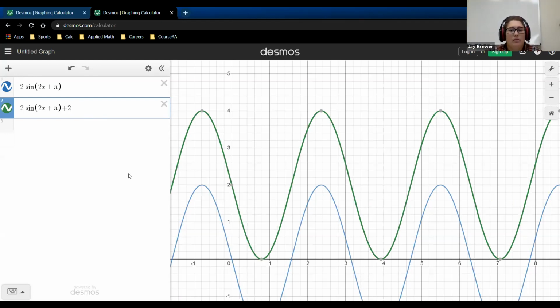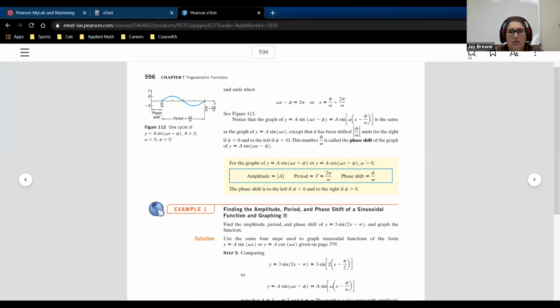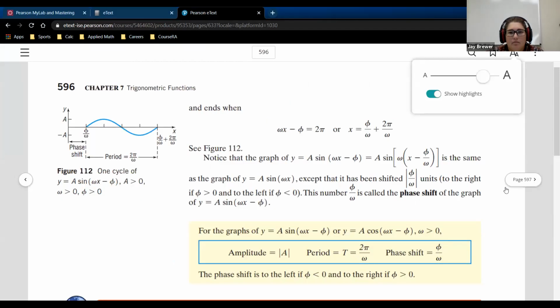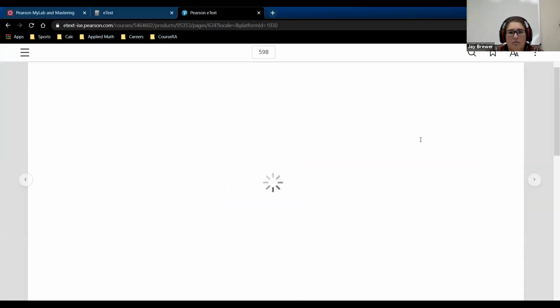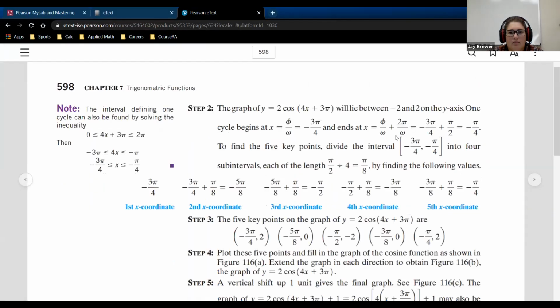Okay. So I'm going to take you to your textbook real quick because it has a really good set of steps for you. Okay, here you go.